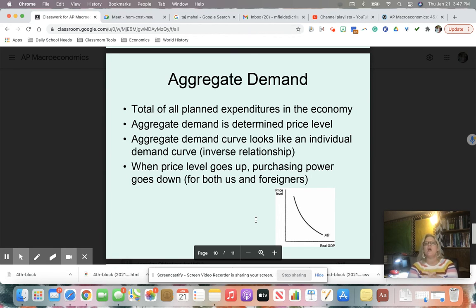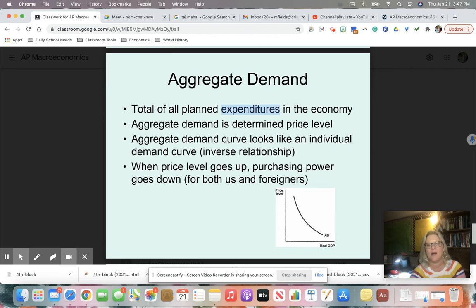Aggregate is just a fancy word for total. So if demand is the demand for one item, aggregate demand is the demand for all items in the United States, everything put together. So it is the total of all planned expenditures, spending, people purchasing things in the economy, all of it together.